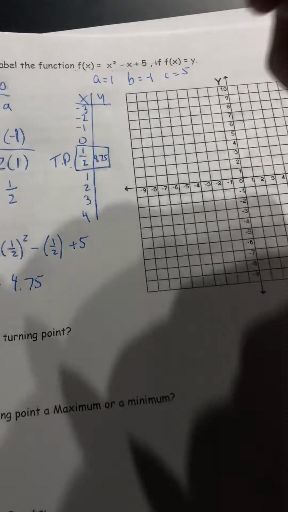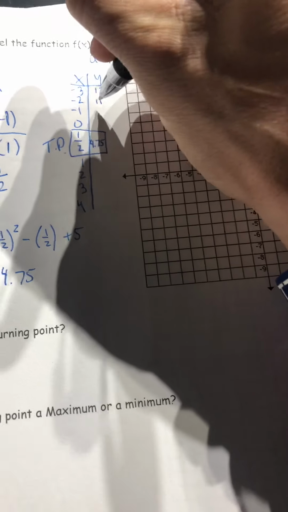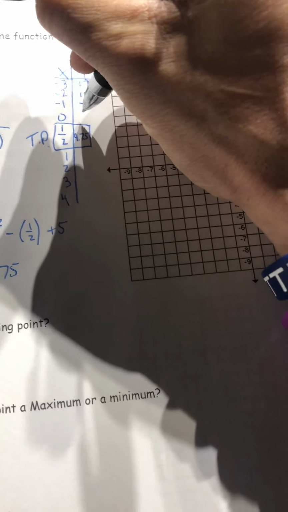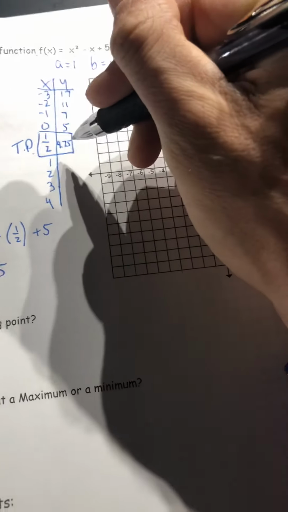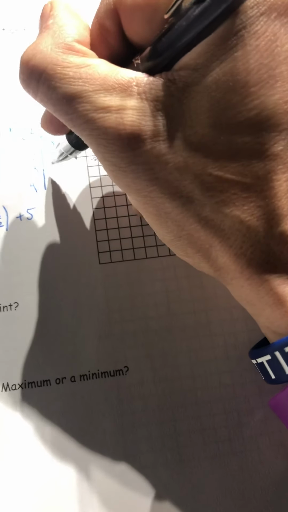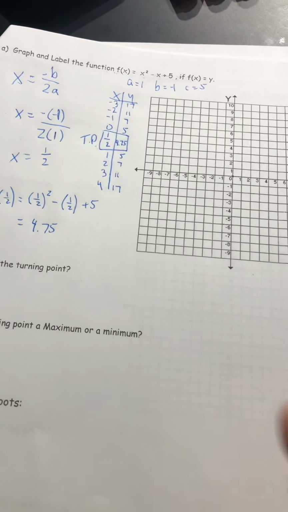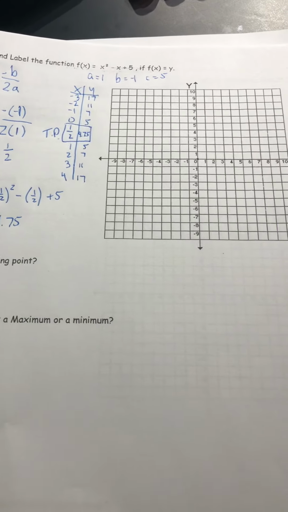So I'm going to take my paper and copy those down. So we have 17, 11, 7, 5. We already filled that in because we found it by hand. 5, 7, 11, and 17. Now you only need the values that fit on the graph.